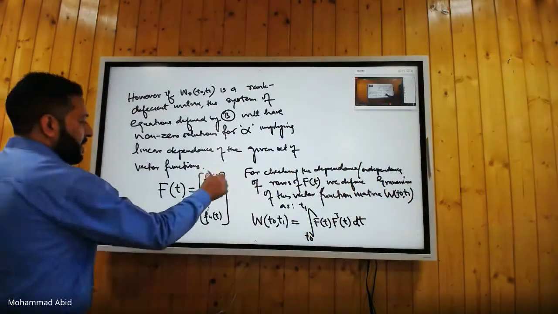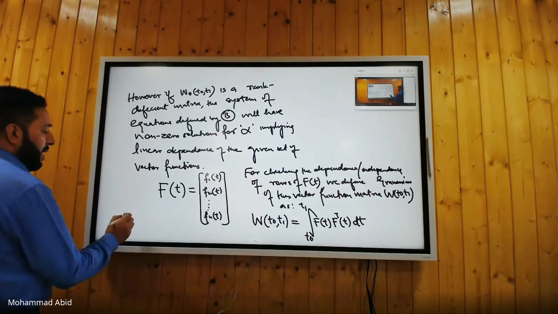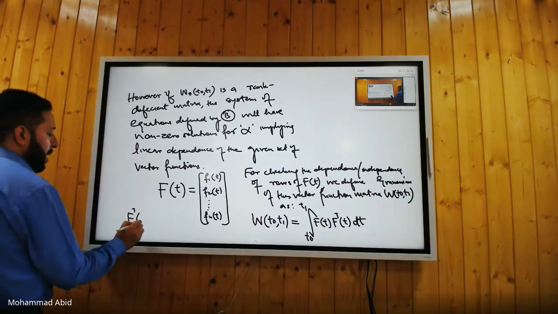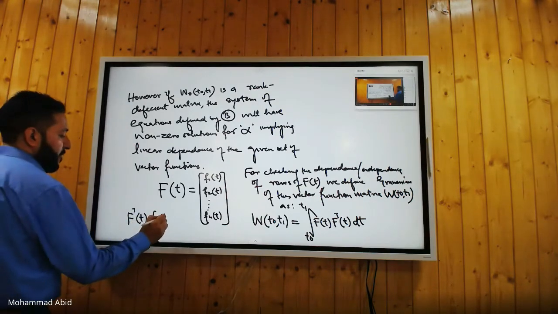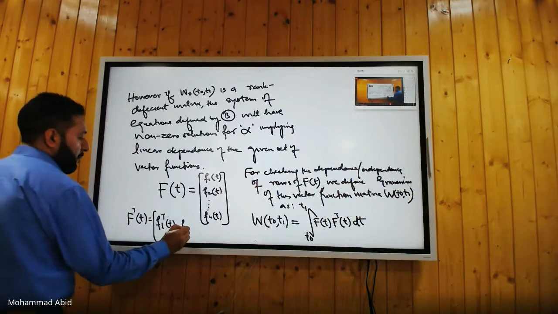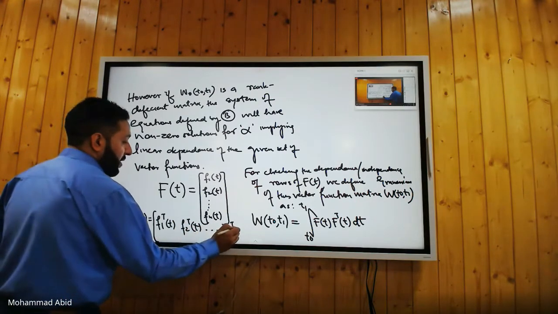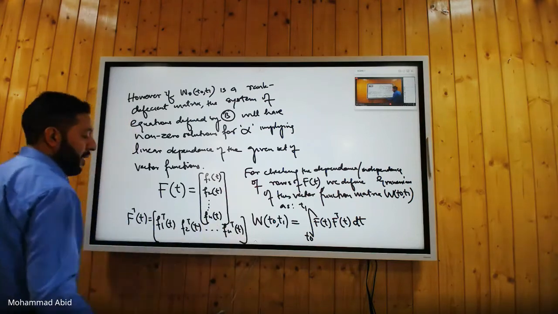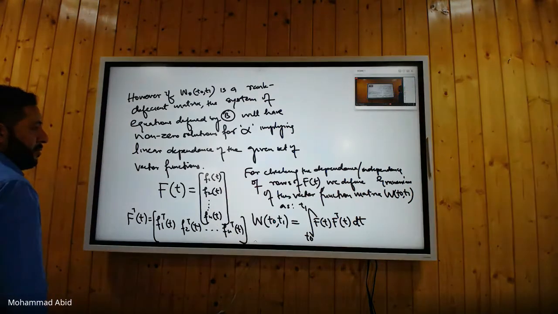Because ft is this, what will be f transpose t? F transpose t will be like this: f1 transpose t, f2 transpose t, so on, fn transpose t. And their product, so you'll have something like this.